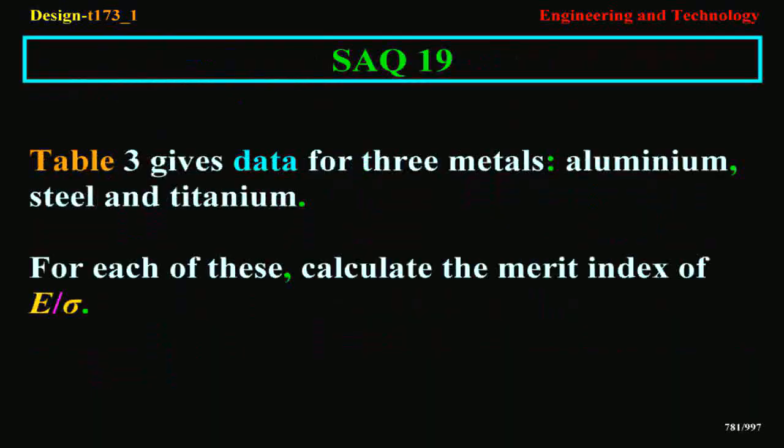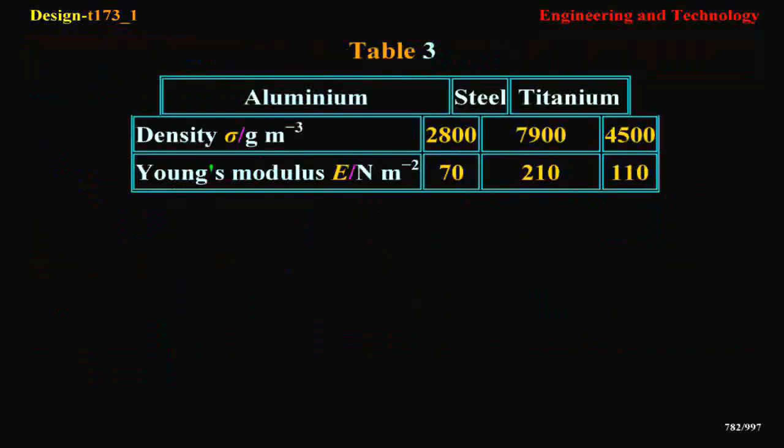SAQ 19. Table 3 gives data for three metals: aluminum, steel and titanium. For each of these, calculate the merit index of E over ρ. Table 3: aluminum, steel, titanium; density ρ, kg/m³: 2800, 7900, 4500; Young's modulus E, GN/m²: 70, 210, 110.